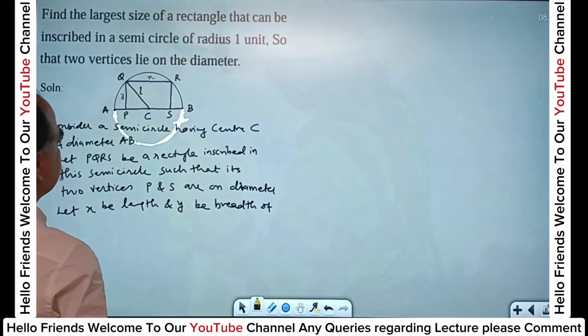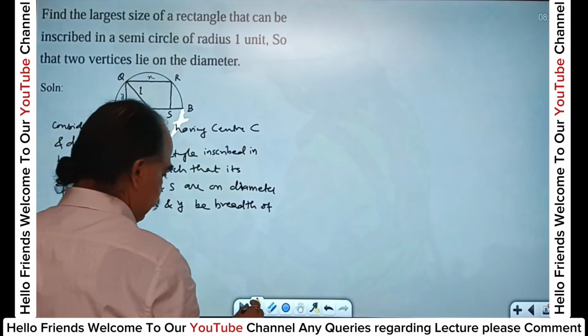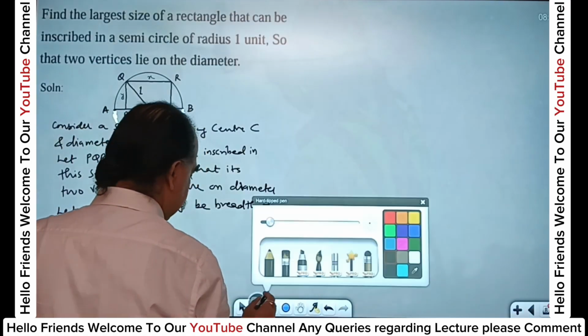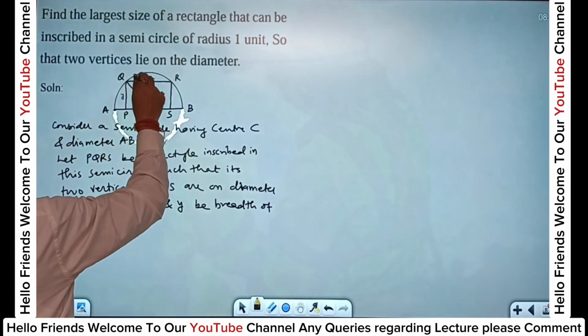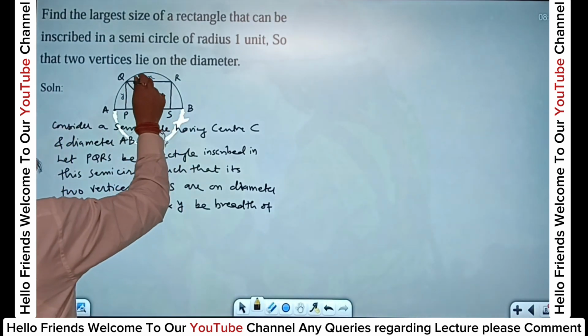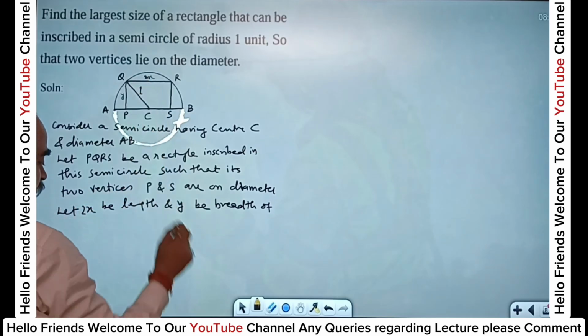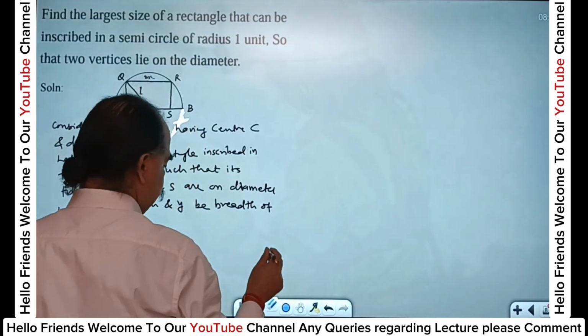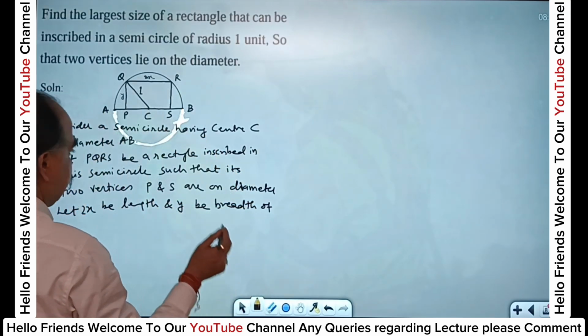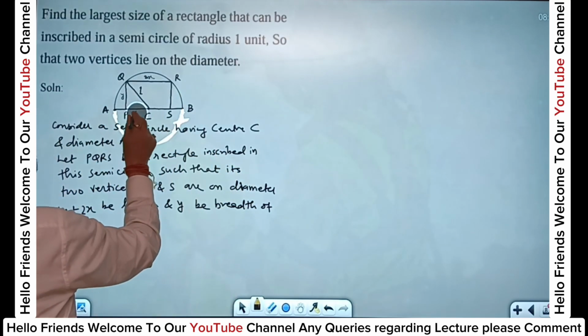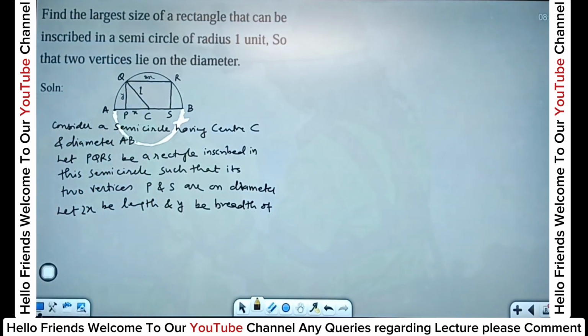We will assume 2x as length so that this part will become x. Let 2x be length and y be breadth of rectangle.